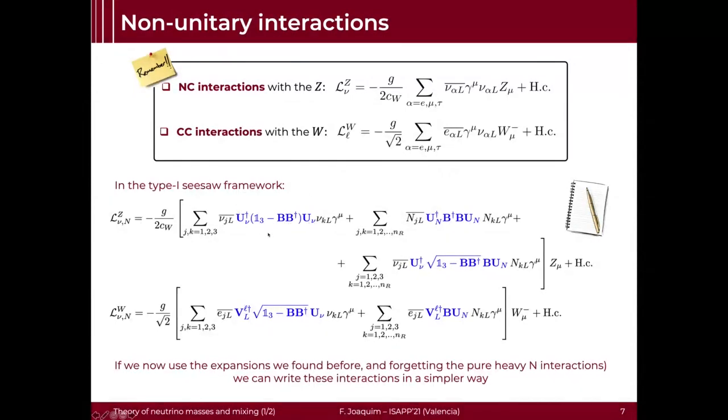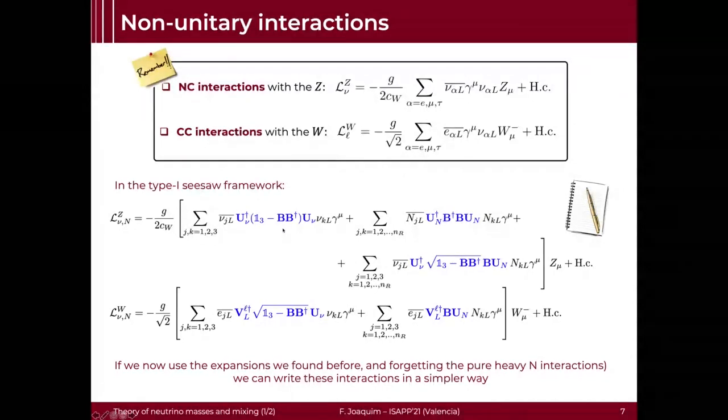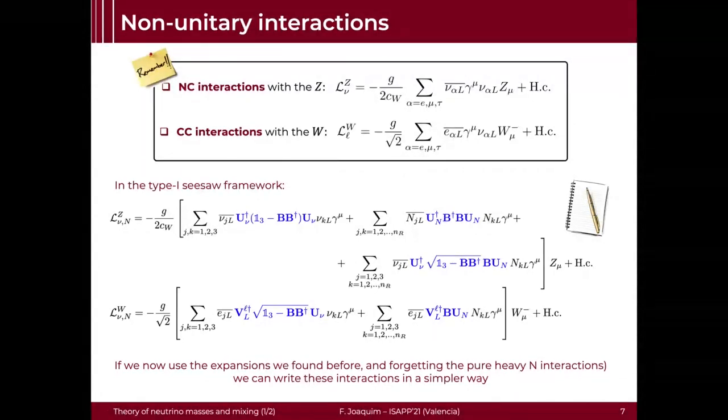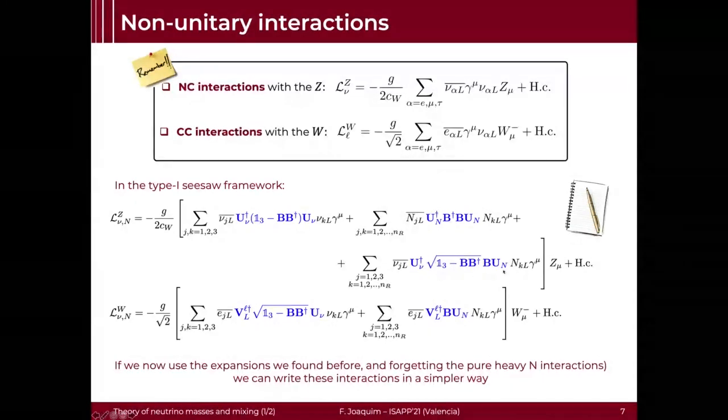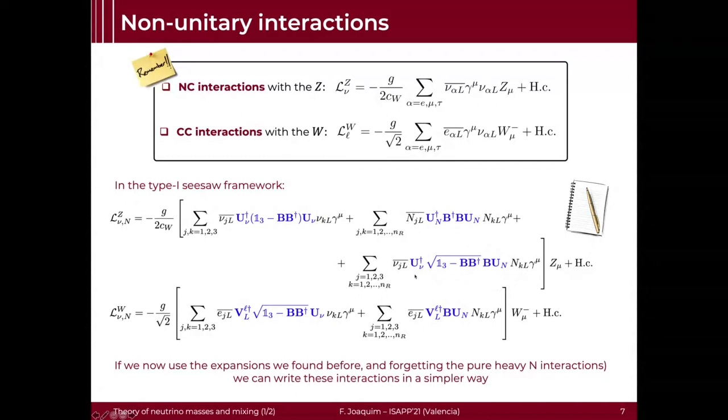Okay, so this is not a unitary matrix, but when B goes to 0, if you increase arbitrarily the MR scale, B goes to 0, you recover unitarity. So actually the entries of B B dagger are what is controlling non-unitarity effects in these interactions. Something similar holds for the heavy sector, which is not very interesting. And again, for the heavy light neutrino mixing, you see here that B is always appearing.